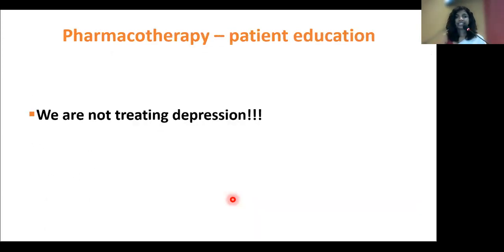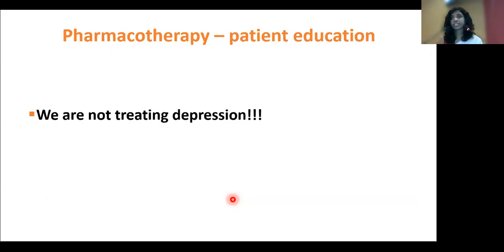But here, just like us, our patients will also go and Google what you have prescribed. And the first thing that they will see, if you have given amitriptyline or duloxetine, is that it's an antidepressant. So the first thing would be to tell them that these medicines are used to treat depression, but they do work for the pain that you have.